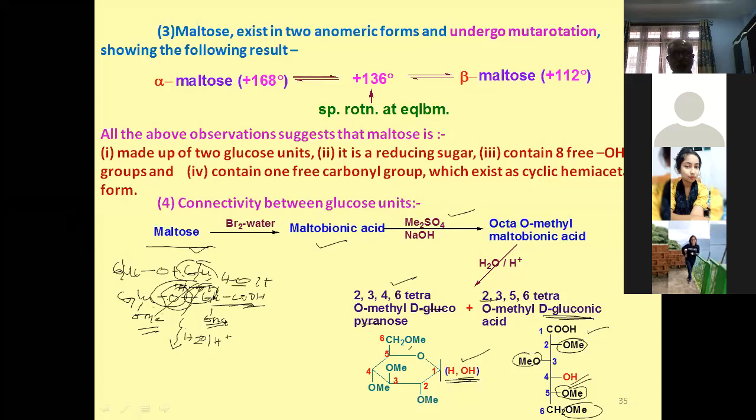Hydrolysis will take place where the joining between the two was. Glucose 1 is linked to the second glucose, and this has a free COOH group. So the hydrolysis is going to take place here, giving one OH group here and another free OH group here.